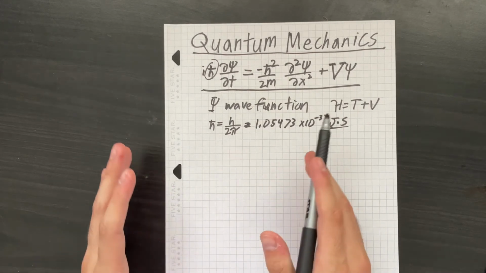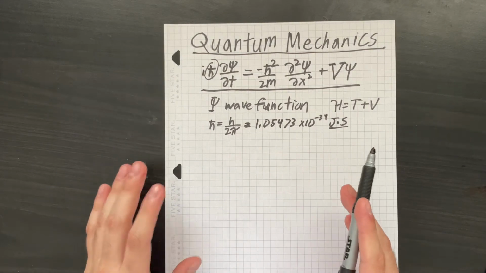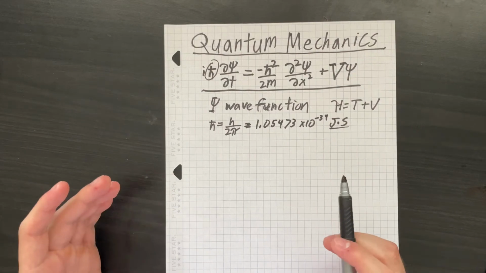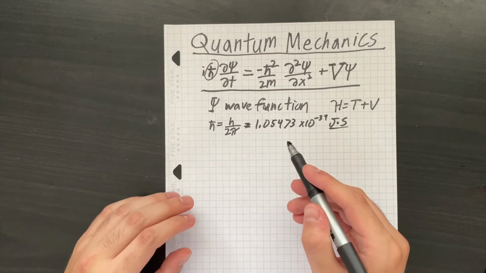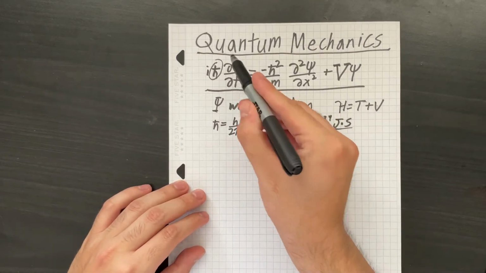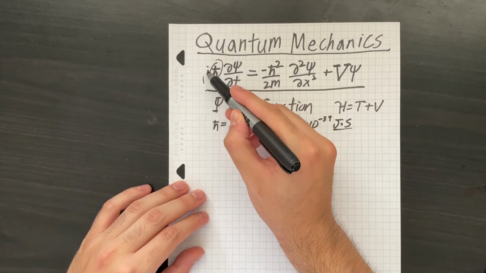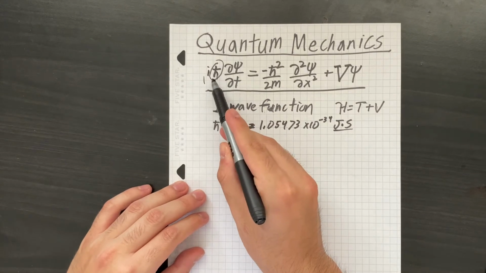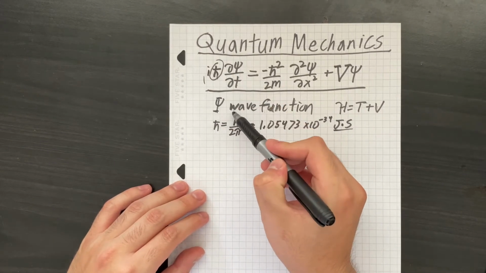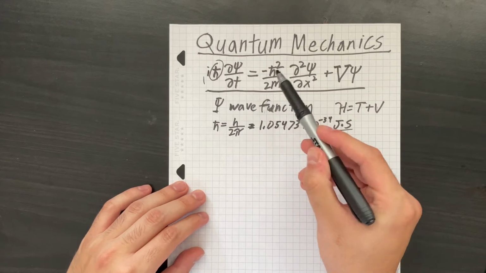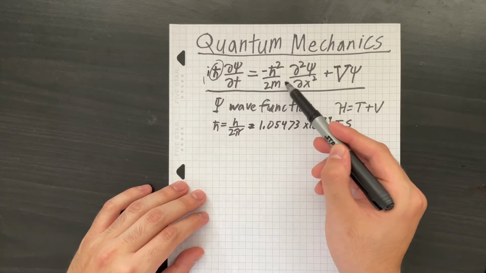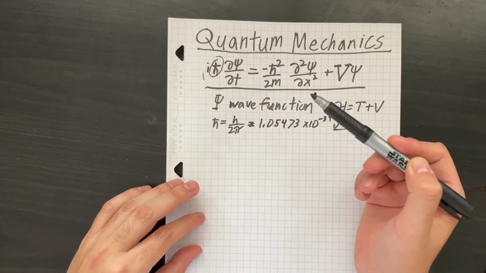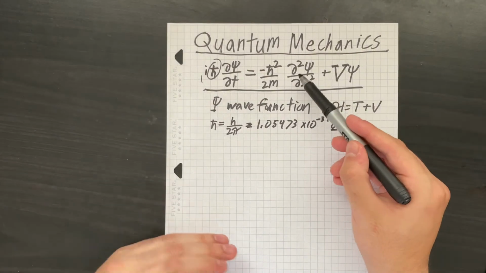For now, I'm just going over the Schrödinger equation in general, and basically how this all works is, this is a constant, this imaginary number i times this constant, times the derivative of your wave function with respect to time, equals this big constant, h bar squared over 2m. m is the mass of whatever particle you're looking at.